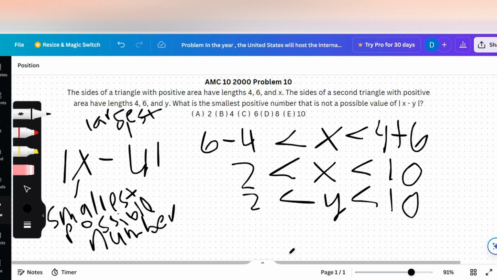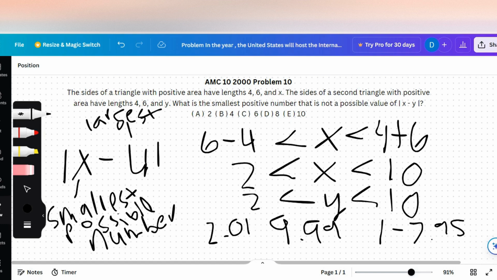We can just set x as, let's say, it can't be 2, so we can do 2.01. And we can set y as 9.99 because it can't be over 10. So once we subtract it, we have the absolute value of negative 7.98, and that equals 7.98.